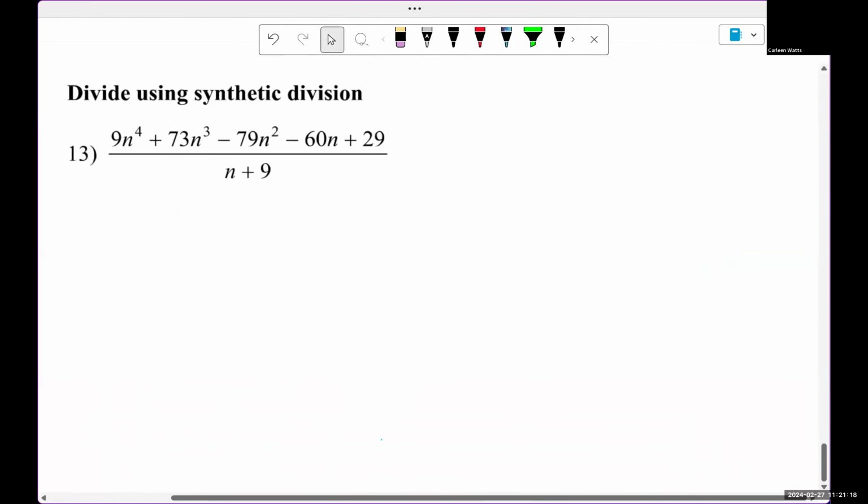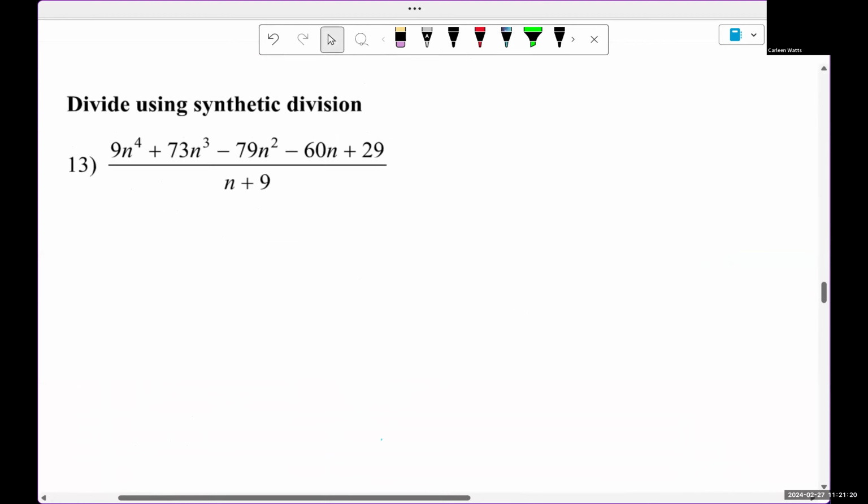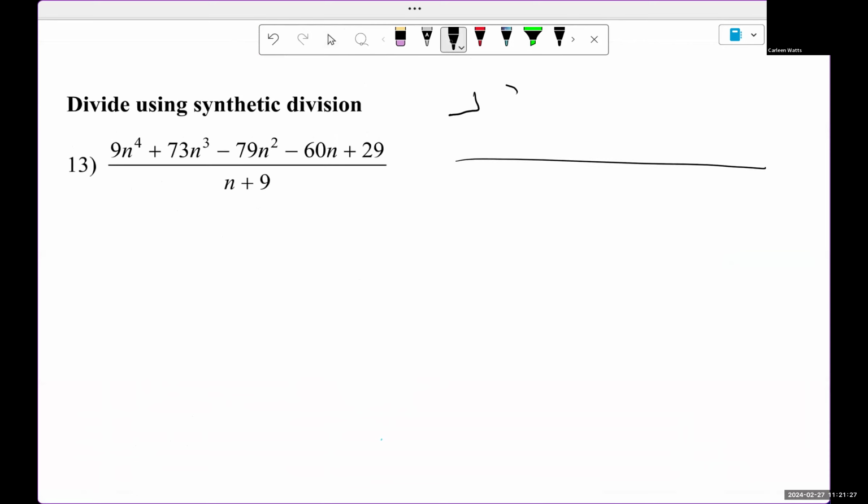Okay, 13, synthetic division. Yay, this is everyone's favorite. So we're going to put the coefficients. Wow, this one's huge.